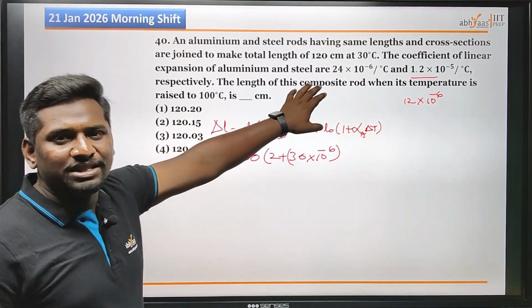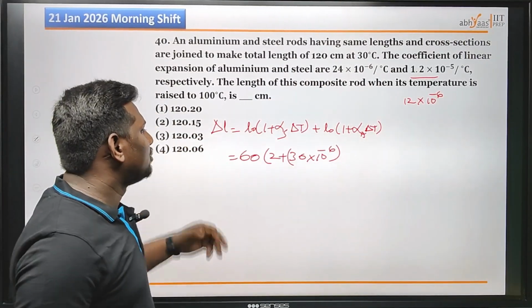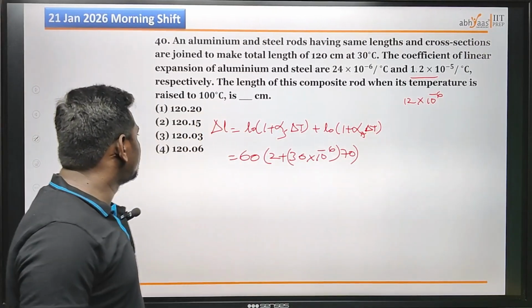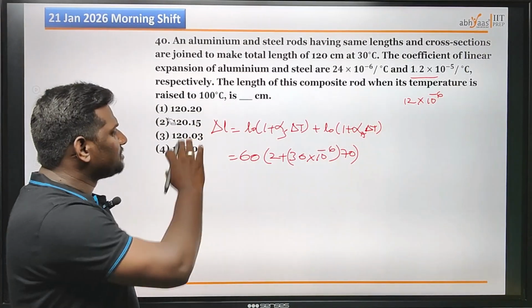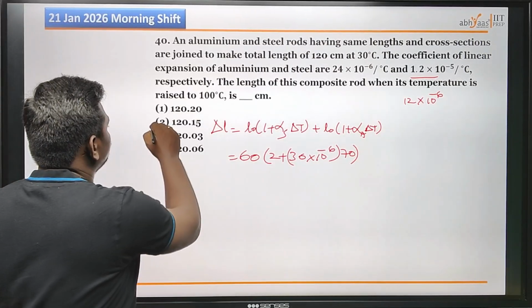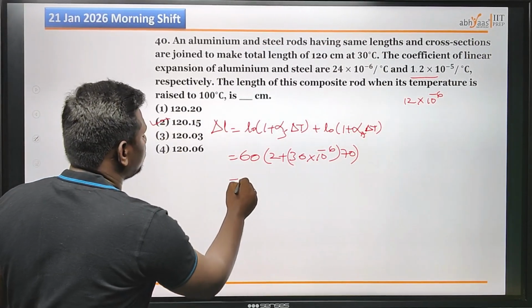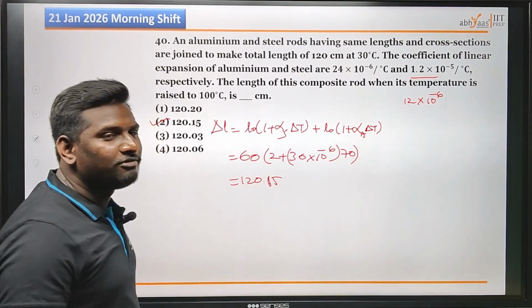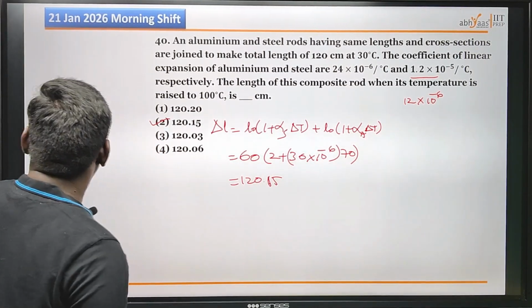Initial temperature 30 degrees, final temperature 100. What is the delta T? 70. If you simplify this equation, you will get the answer 120.15. That is your correct answer.